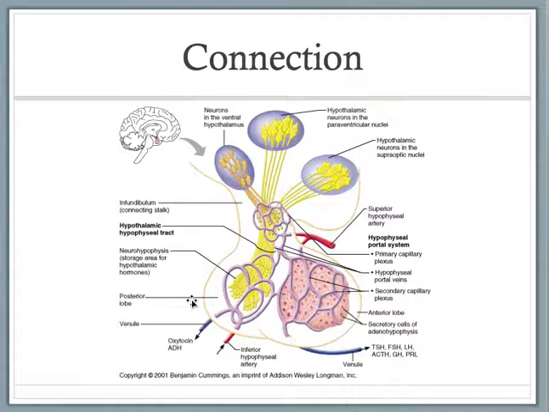All right, so some other things. Again, I want you to know that these neurons will be creating the physical hormones that'll be trafficked down the length of their axons, and then they can be stored in the posterior pituitary.